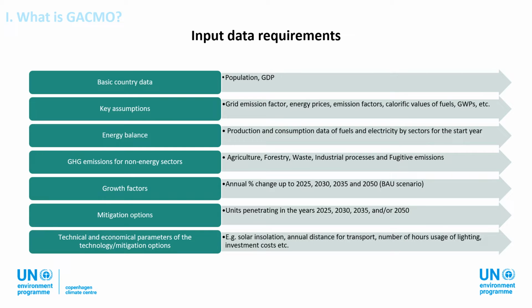And finally, technical and economic parameters of each individual mitigation option need to be adjusted in GACMO for the country-specific context. So the technology spreadsheets contain various parameters such as solar installation, annual distance of a transport, number of hours usage of lighting, investment costs, etc.